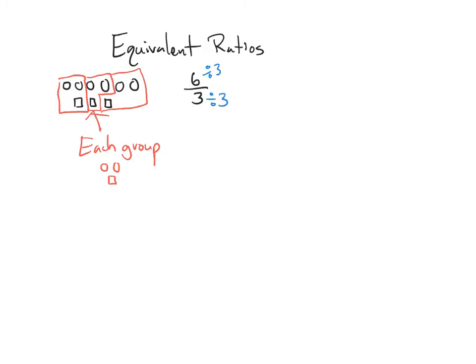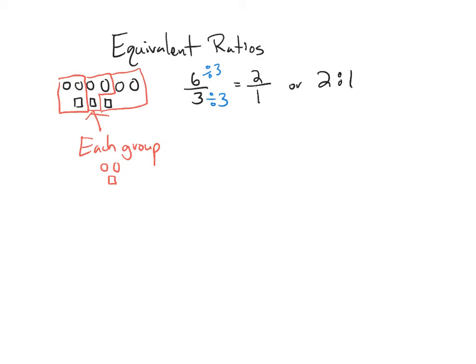So this ratio is equivalent to 6 divided by 3 is 2, and 3 divided by 3 is 1. So for every 2 circles, I have 1 square. So my ratio is 2 to 1. Or if you want, you can write it as 2:1, whatever you like.